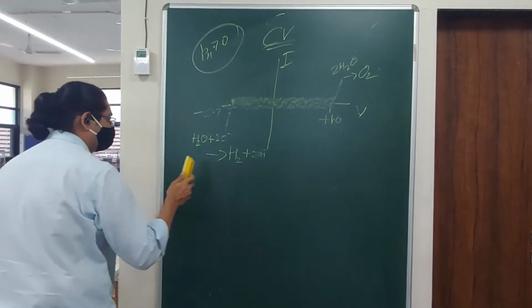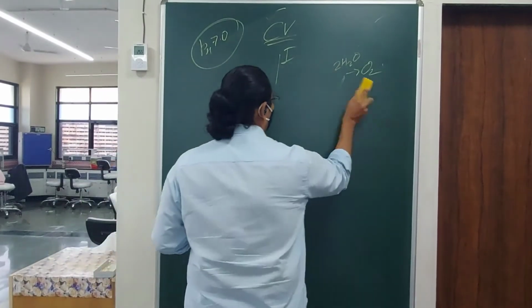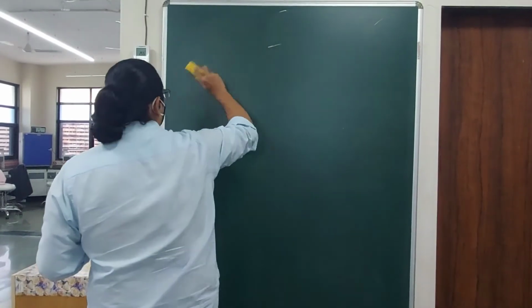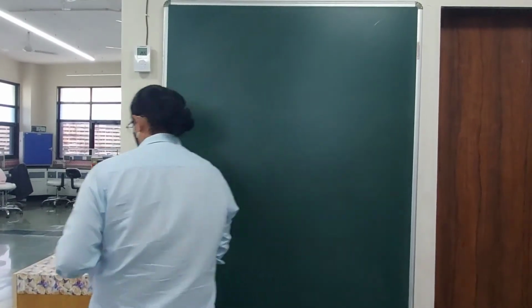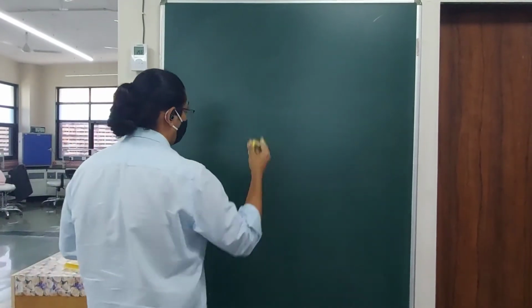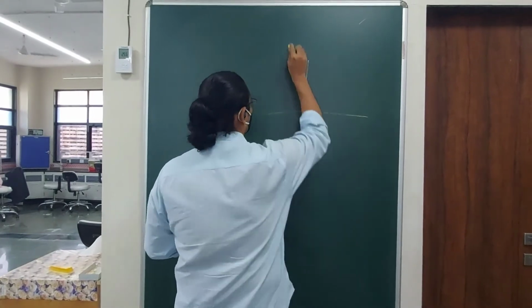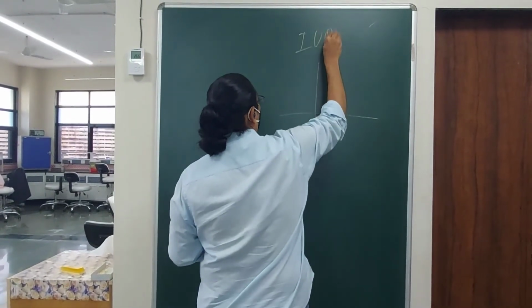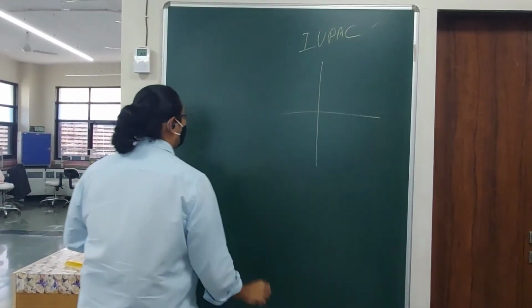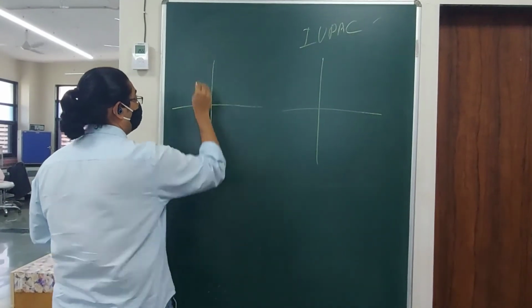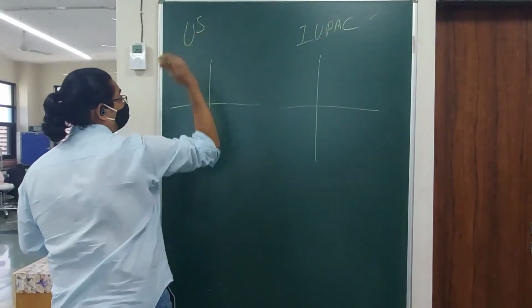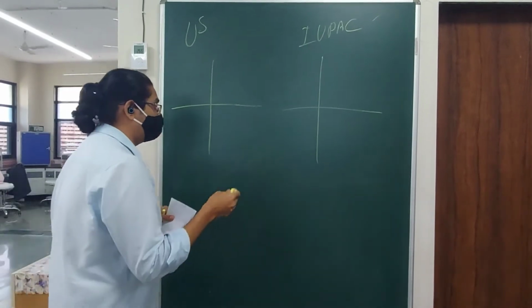Just for your information, one more thing I wanted to say. For a typical voltammogram, if you see the literature, there are 2 different conventions. One is the IUPAC convention, and the other is the US convention, or the Texas convention as it is known.